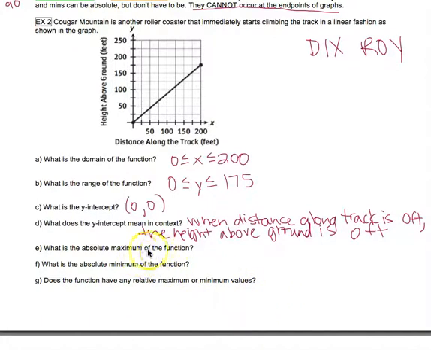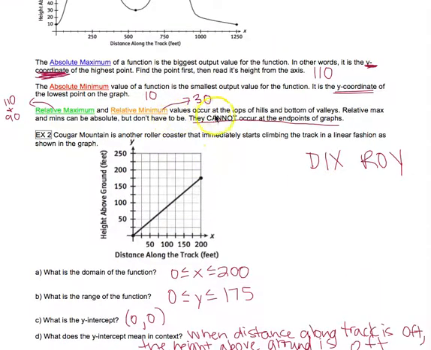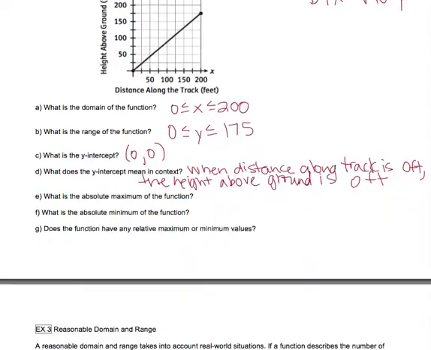All right, what is the absolute maximum? So the very highest point. Well, the very highest point that we see here is 175, but it is an end point, which means that I cannot include it. So that means, oh, never mind. I don't know what I'm thinking. The endpoints can't be included for relative maximum and minimum, so we're okay here.